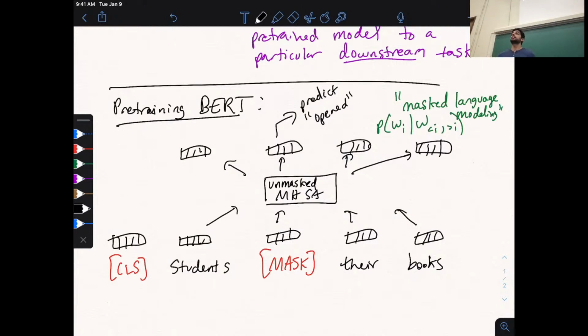So CLS is a special token. It's added to the vocabulary just like mask. It has its own embedding. And the CLS token occurs at the beginning of every input sequence.